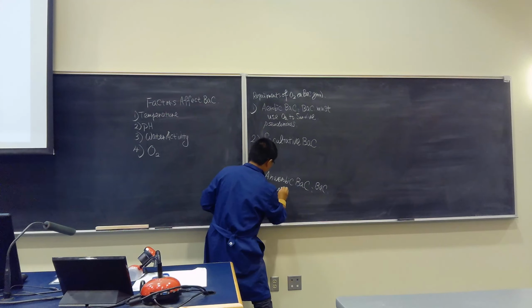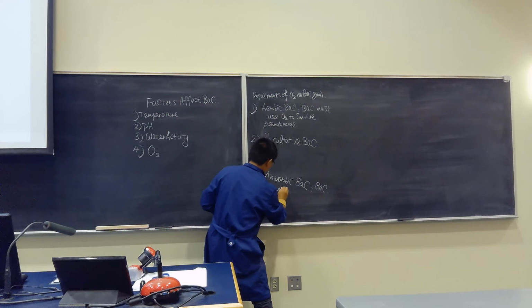The first one must use oxygen, the bottom one cannot use oxygen. The oxygen is going to kill them. But then how about the middle? Okay, sorry, by the way, for anaerobic bacteria, Clostridium species will be a good example.